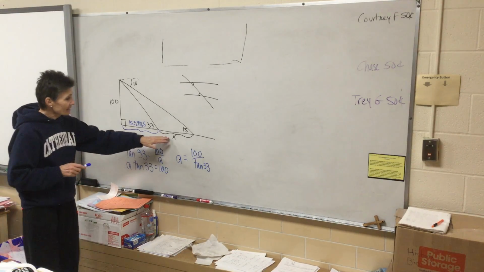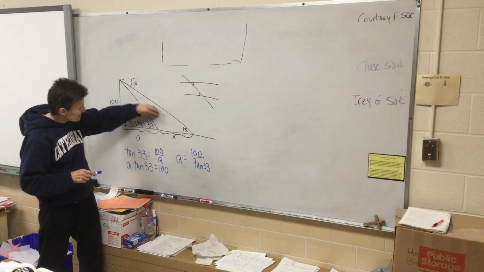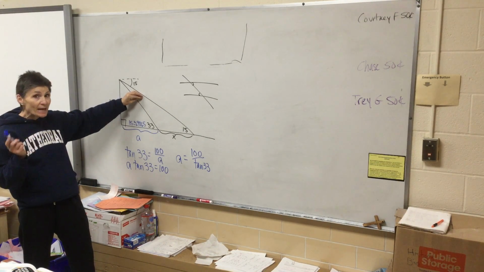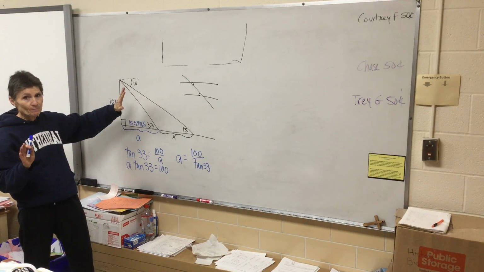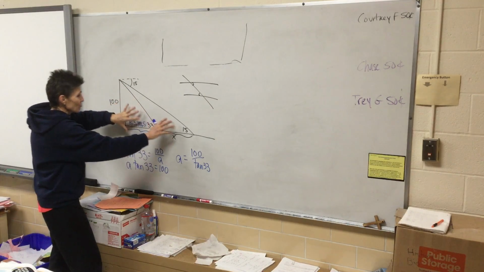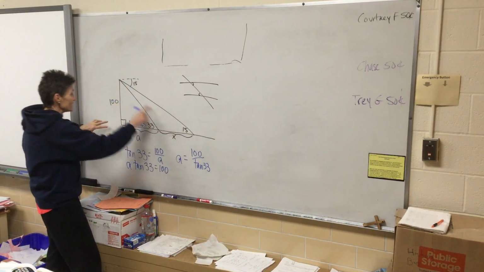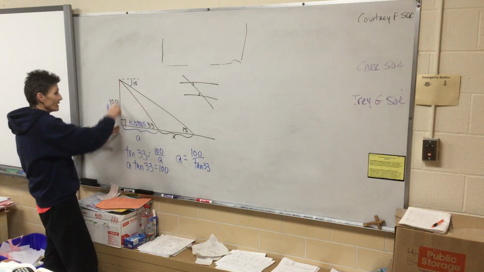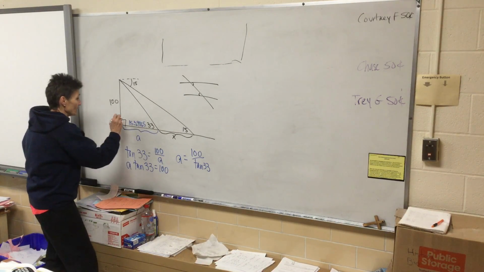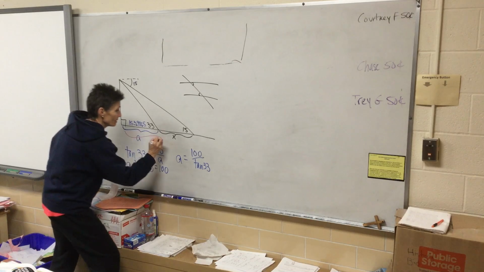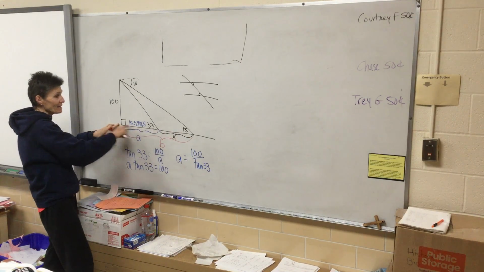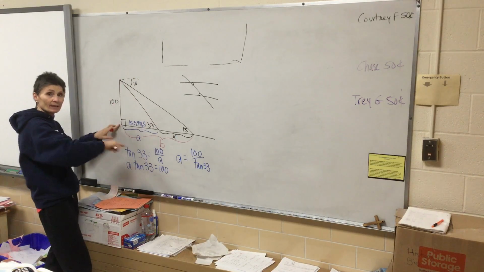Okay. Now, I cannot find X. I hope you understand that because this skinny triangle here is not a right triangle, so you can't do any SOHCAHTOA. However, the big triangle, the one with the 15-degree angle here, this big right triangle, I can do that one and find, I'll call it B, the whole base of the big right triangle.